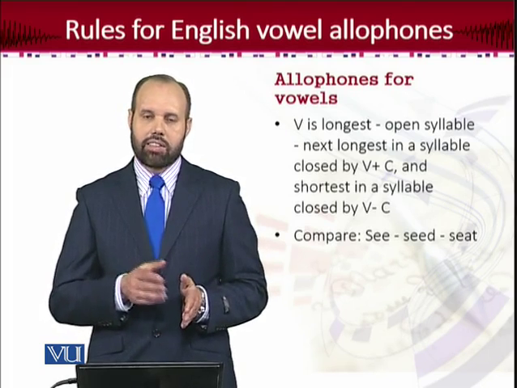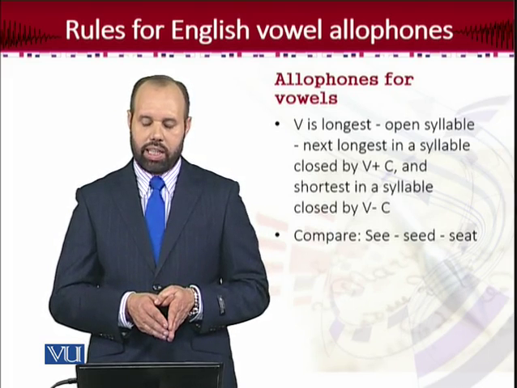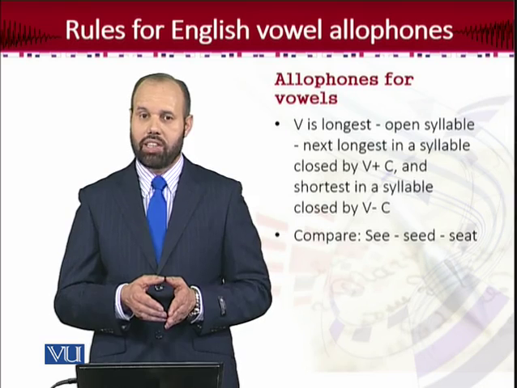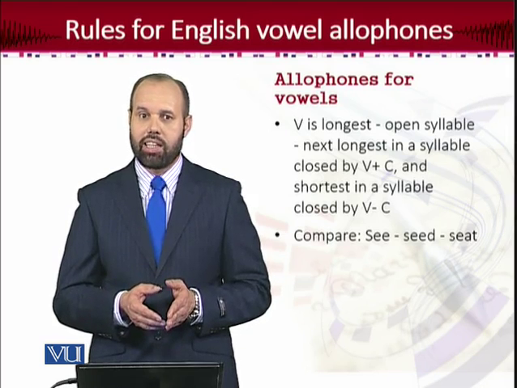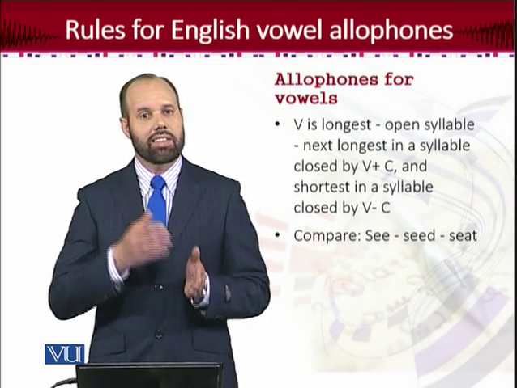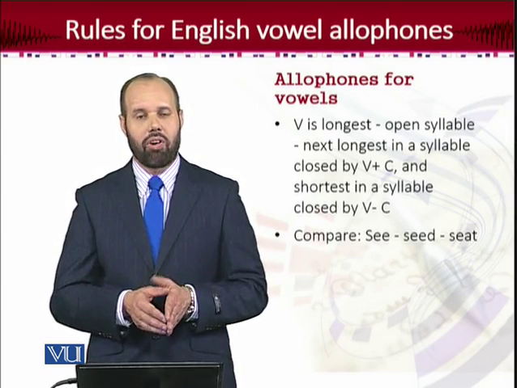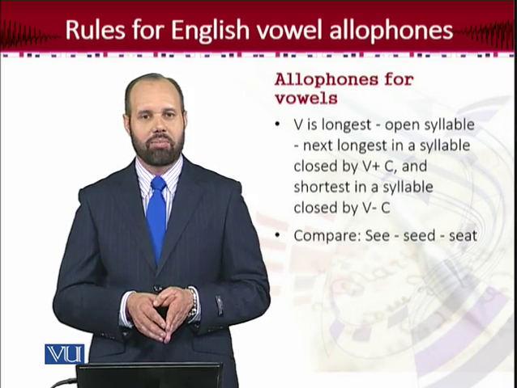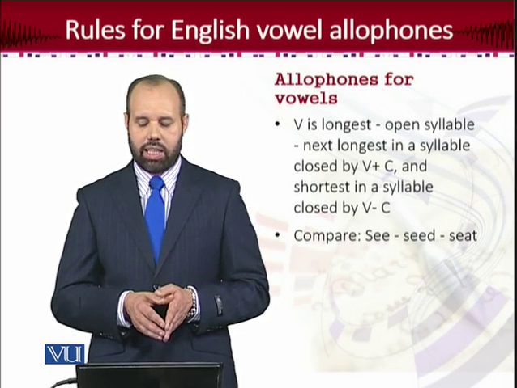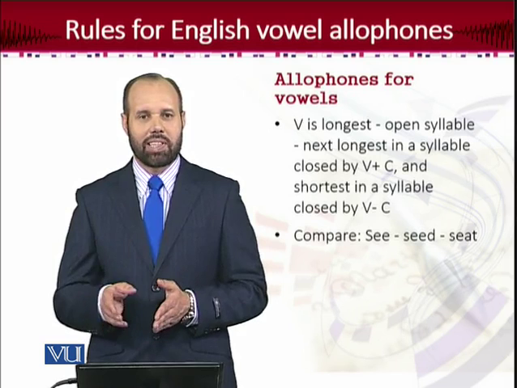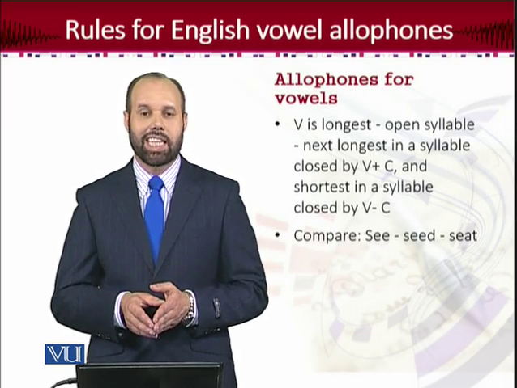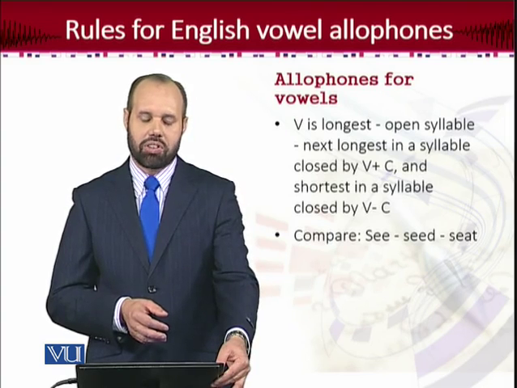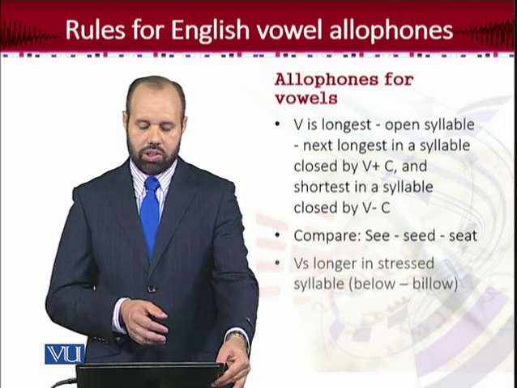It's the same E vowel in seed, because D is a voiced stop, so it is the second longest form. And it is the shortest form in a syllable closed with the voiceless t sound, like in seat, right? So these are three allophones for vowel shapes.